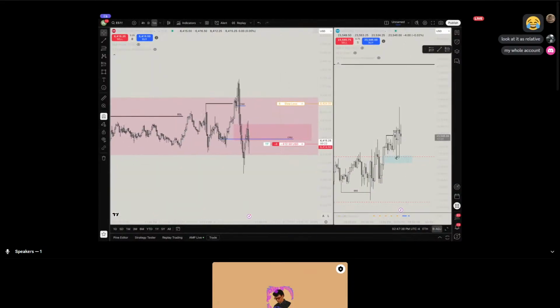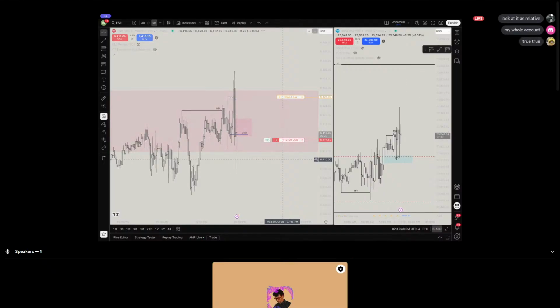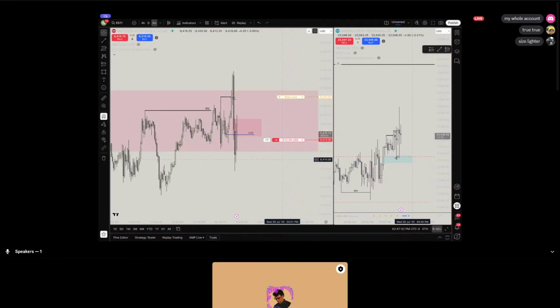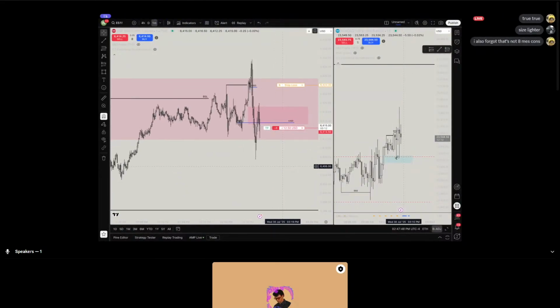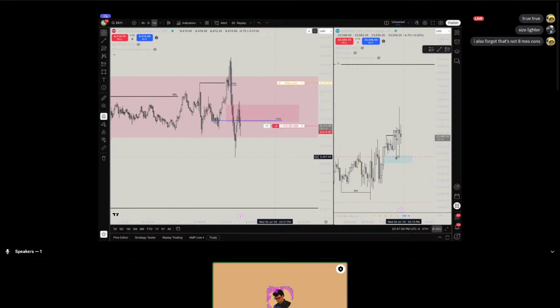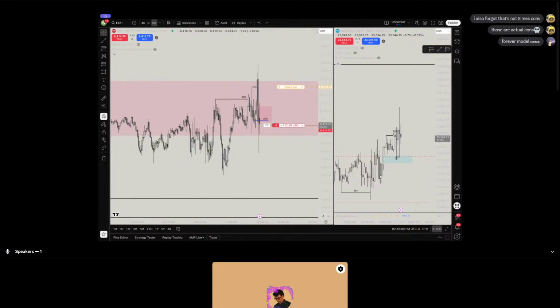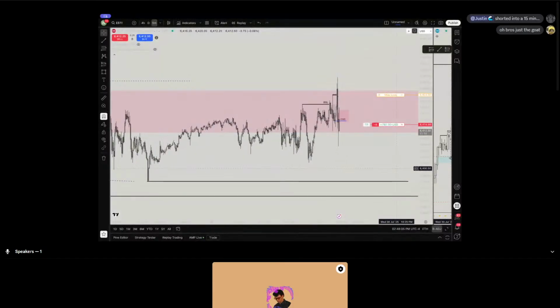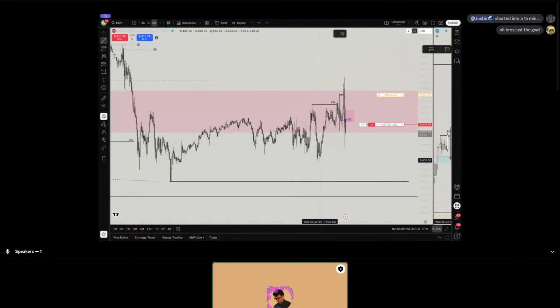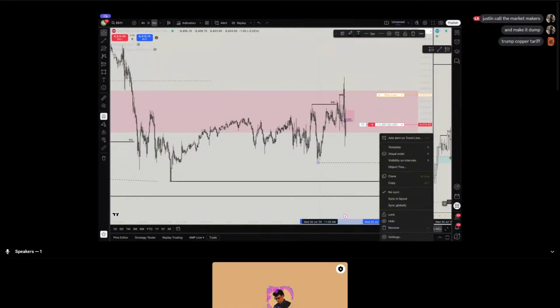What can we run? What of this can be run, to be fair? I'd want to see all of this liquidity get ran and bring NQ with it. Oh, did you enter?